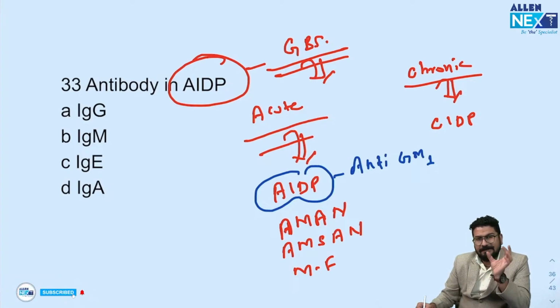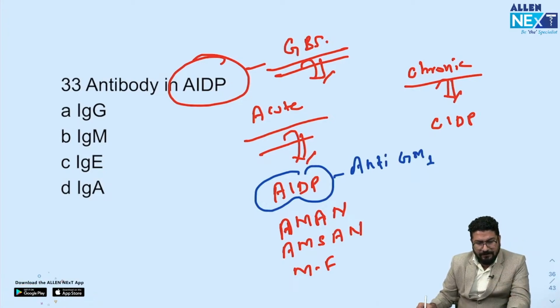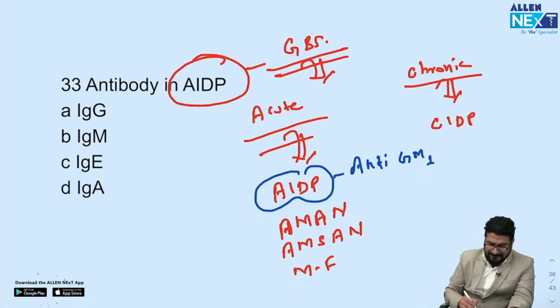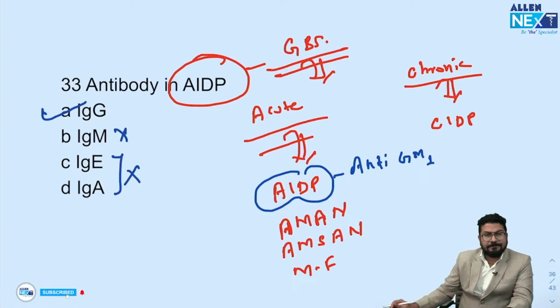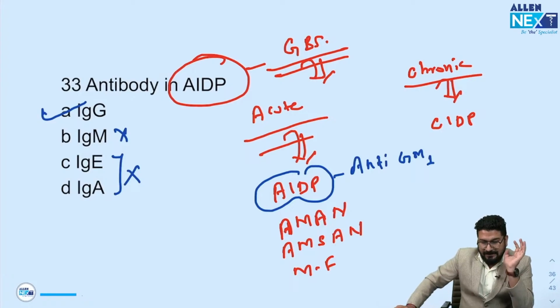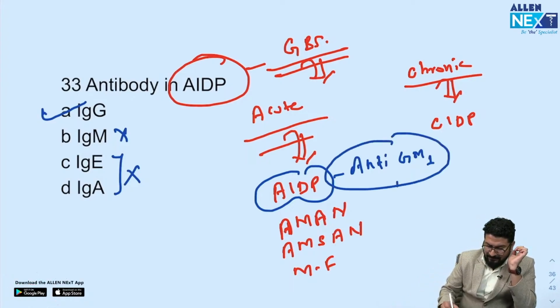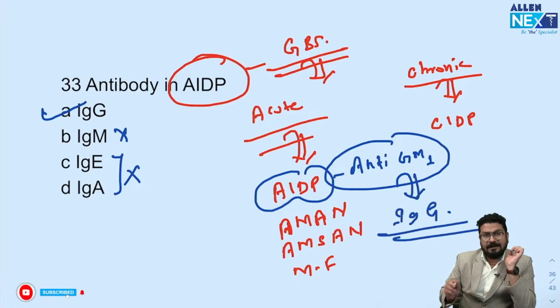If you see that much of a gap, then the antibody will never be an acute type antibody. It will be an antibody of the IgG class, not IgM, and these two are not the same. This is a good question that came in the exam. So the antibody is anti-GM1, and anti-GM1 is generally IgG class.